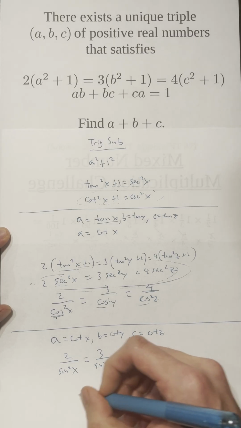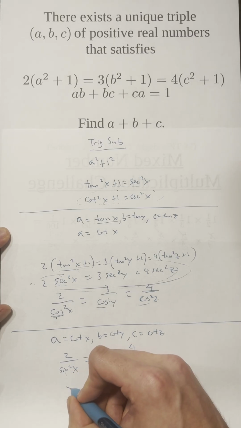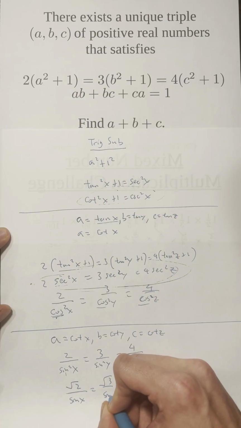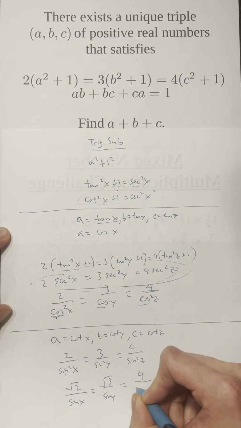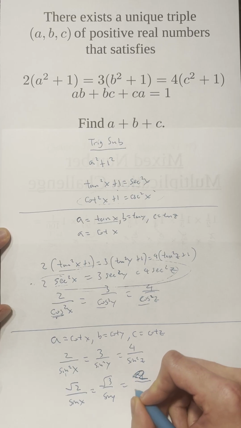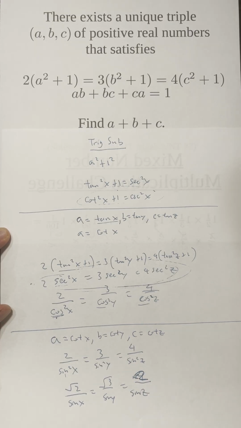And then we take the square root of the whole thing. So root 2 over sine x is equal to root 3 over sine y, which is equal to root 4, so that's just 2 over sine z.